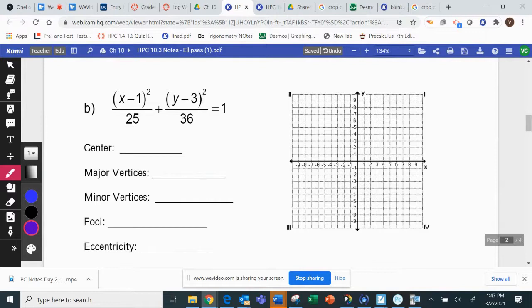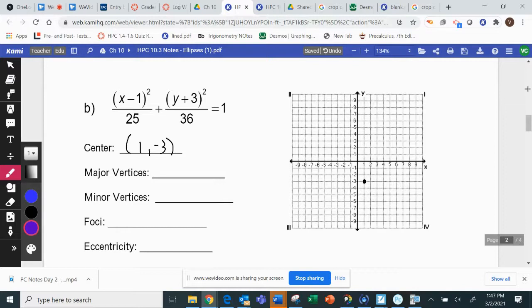So the next one is already in the correct form. So we can pick out our center point at 1, negative 3. And then I'm going to look at my major vertices.